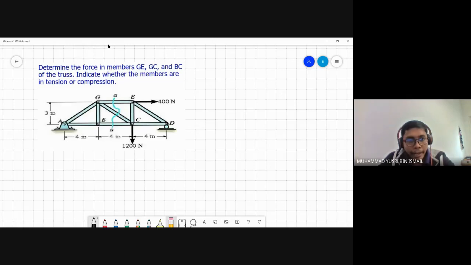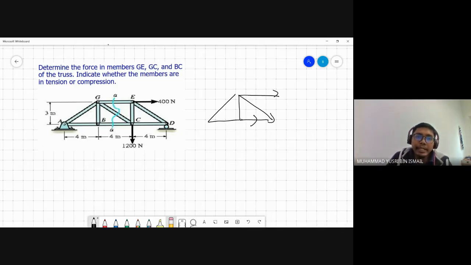By using the method of section, we just section this part, and we assume that after the section, the force will go either in compression or in tension.